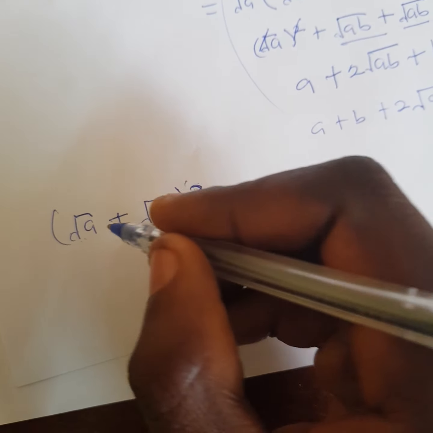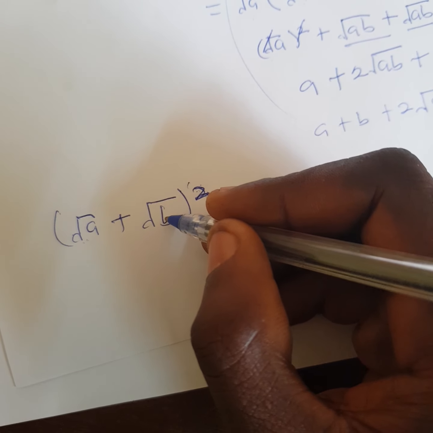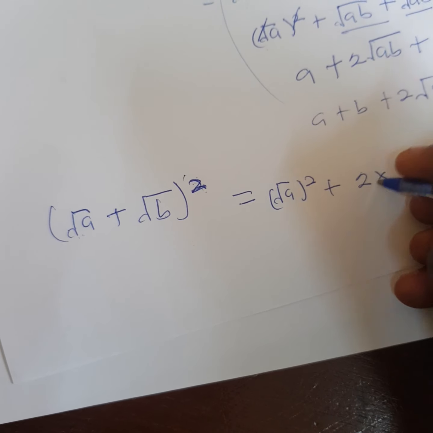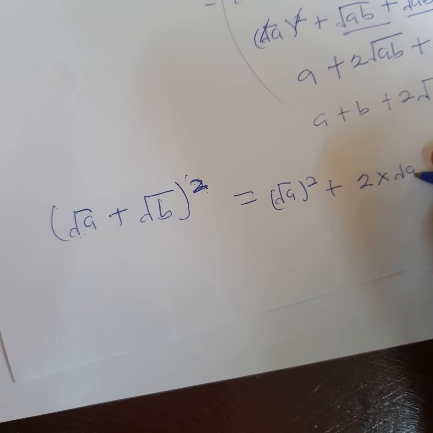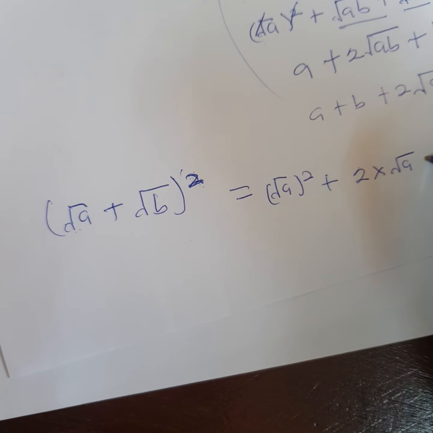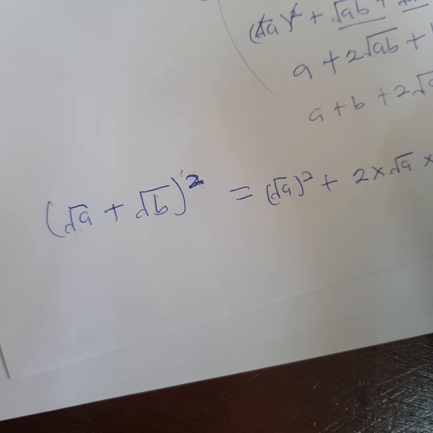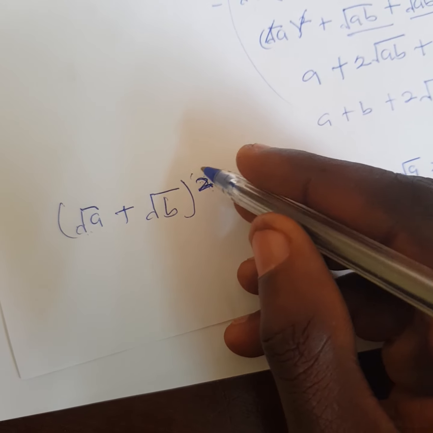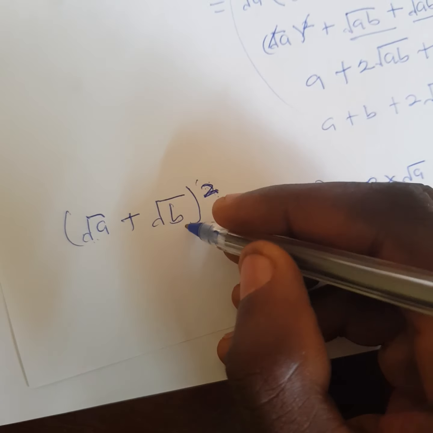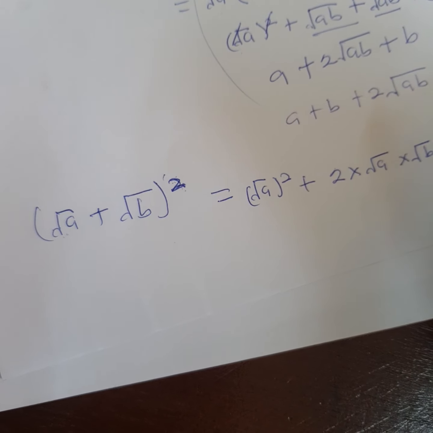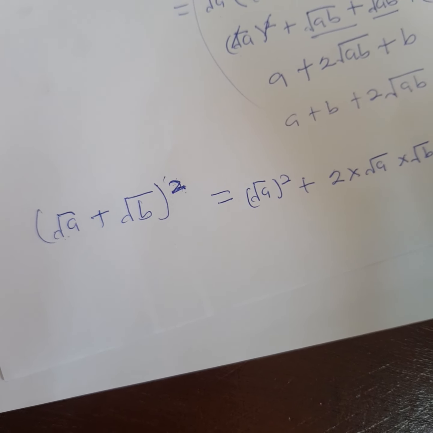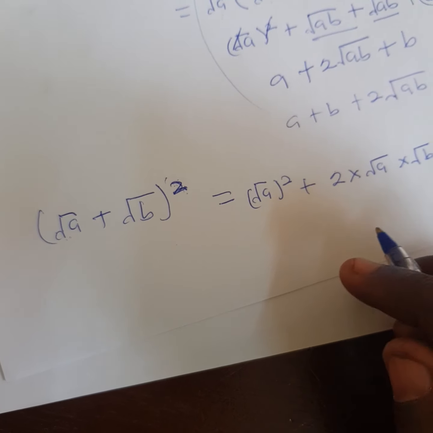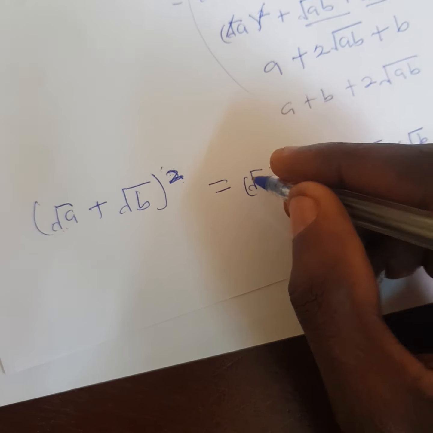Use 2 root of a to multiply the second term, which is root of b. So it will be the square times the first term, also times the second term. And then use the square to square the whole of the next term, which is root of b. And this is it. So this will cancel out this.